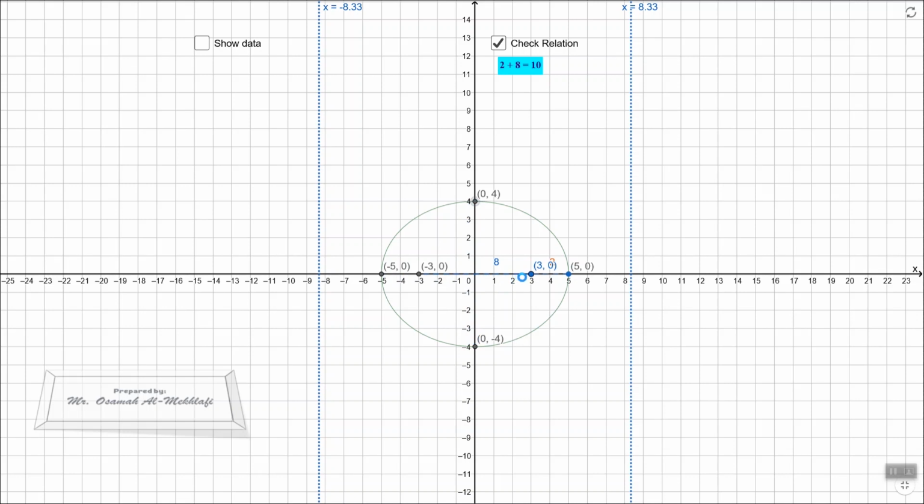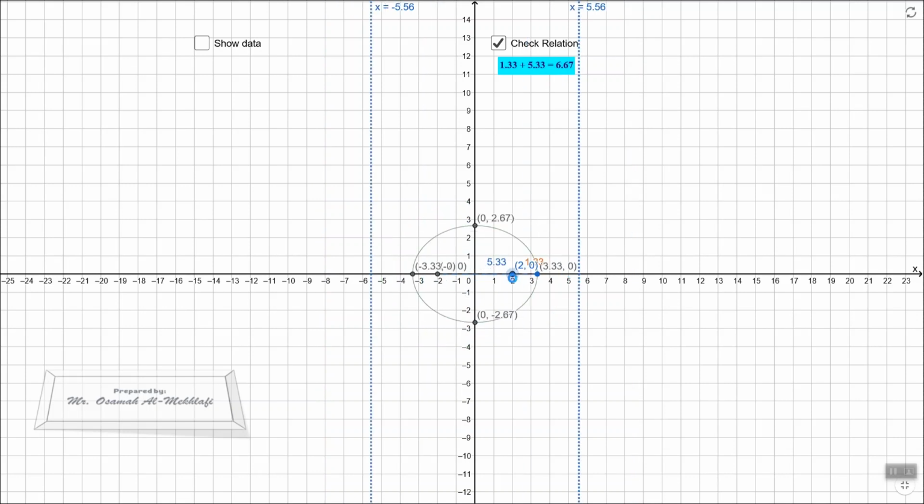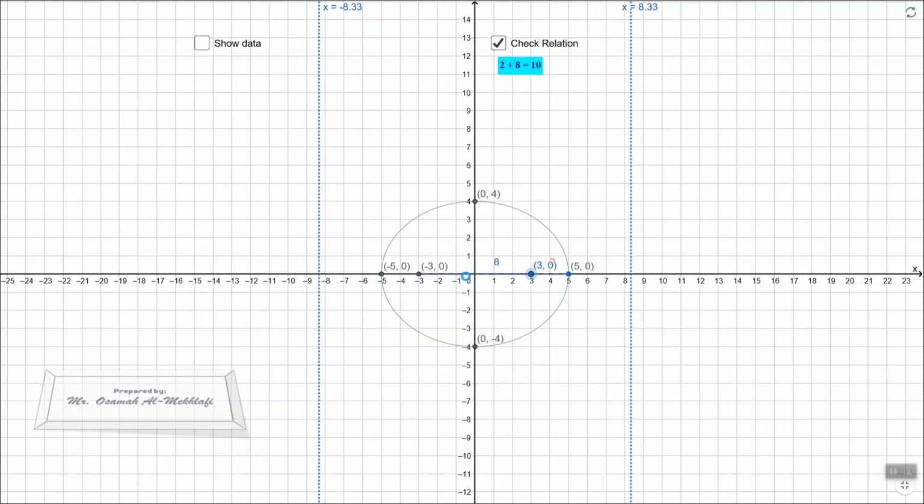And the distance from focus to focus, we call the focal length. Again, the distance from vertex to vertex is the major axis, the distance from this point to this point is the minor axis, and the distance from focus to focus is the focal length.